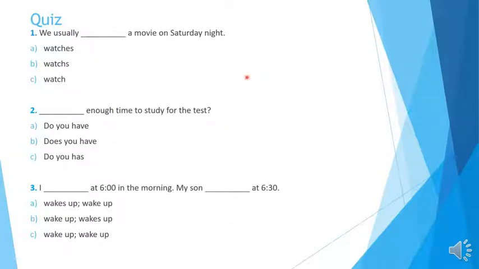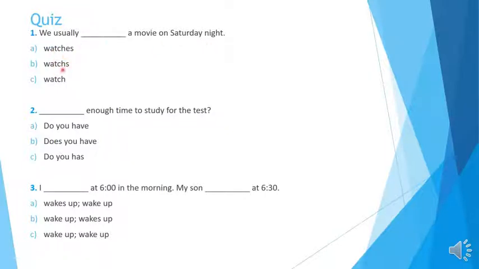Number 1, you can put number 1 there in your paper, right? We usually blank a movie on Saturday night. So you have 3 options.